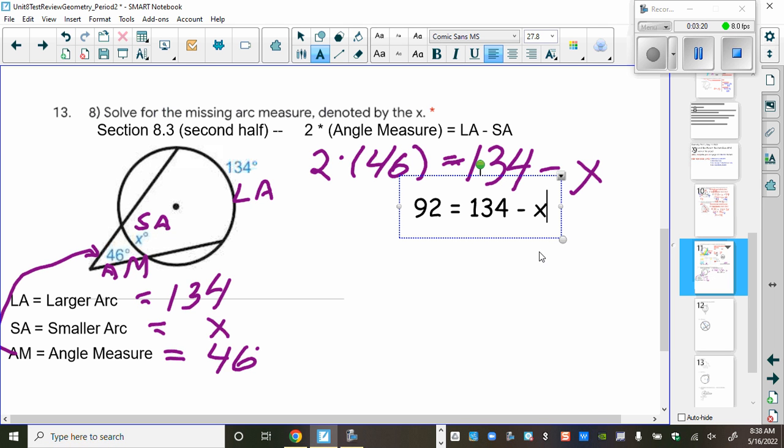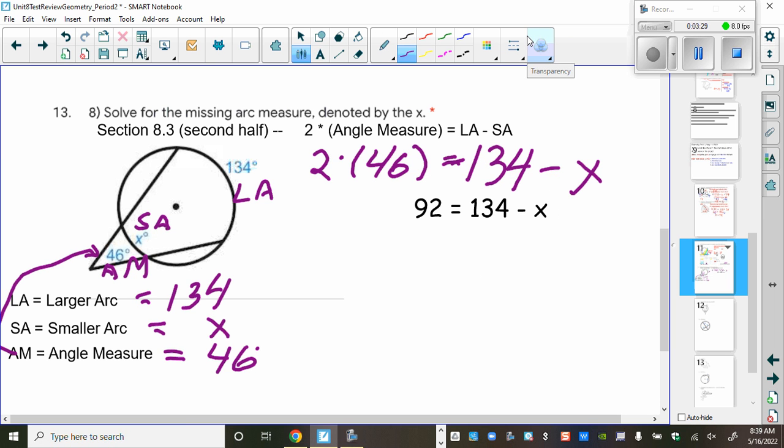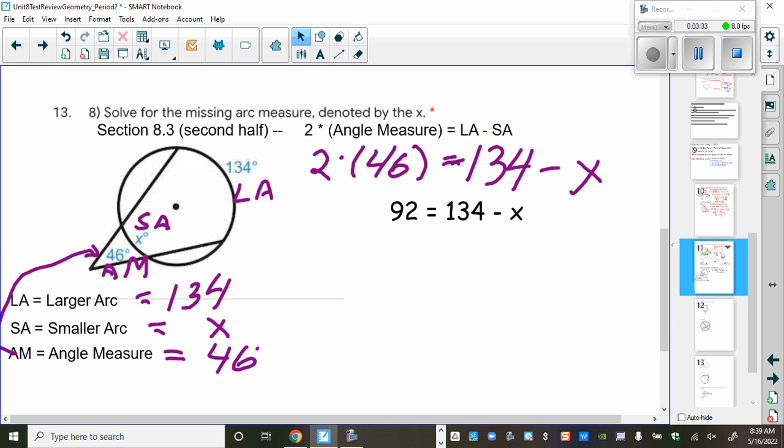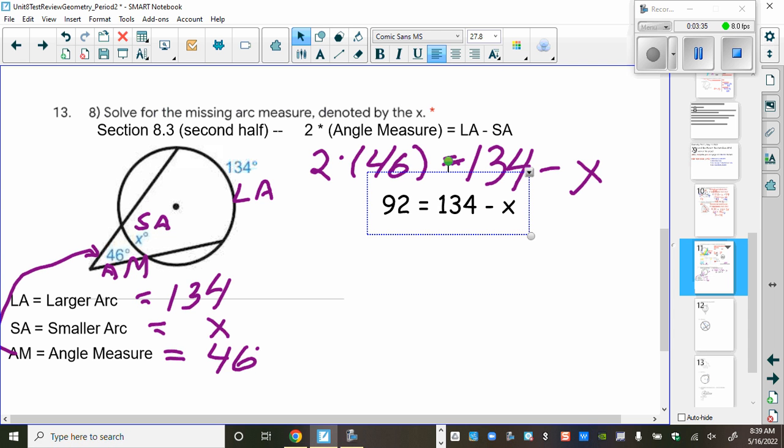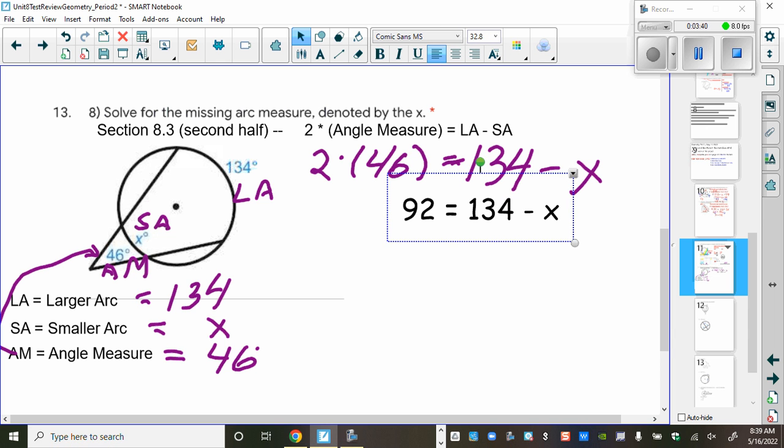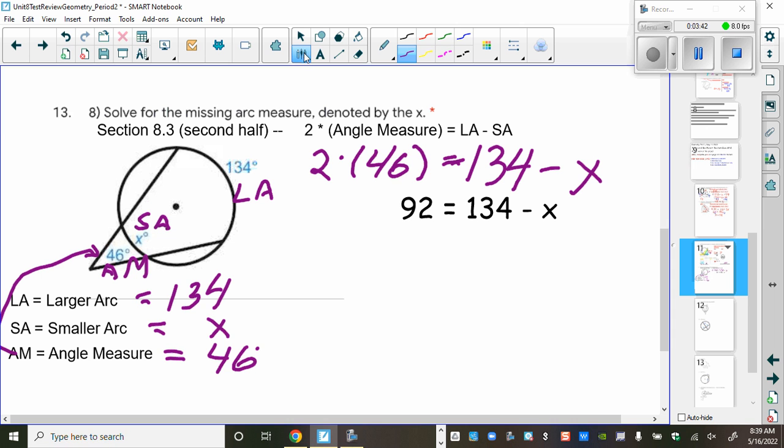Now, I think we're at a point we can solve for the X. Now, be careful, because what would be our first step? Who thinks they know what our first step's going to be? And be careful here. Okay, you have to minus 134 on both sides.